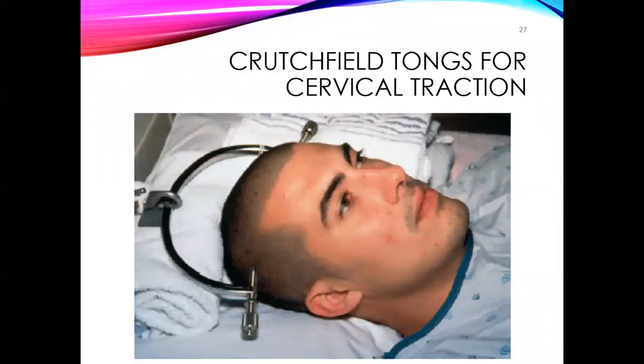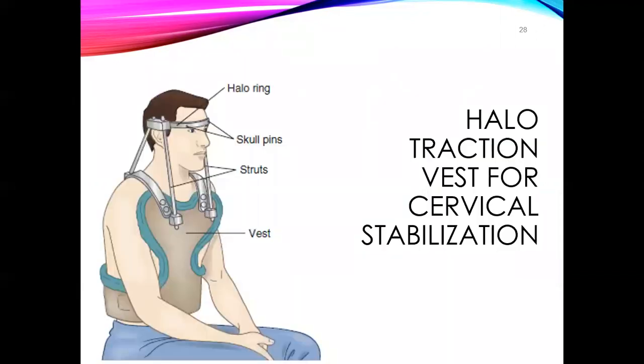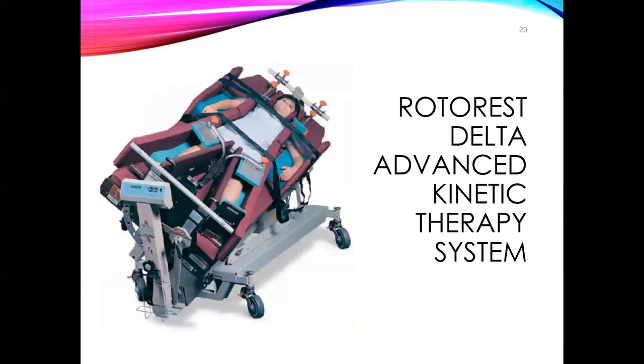Here's an example of Crutchfield tongs, something that we use for cervical traction. A halo traction device is going to help stabilize the cervical vertebrae. Here's a rotarest. It's a bed that we use to turn the patient to balance their intracranial pressure.